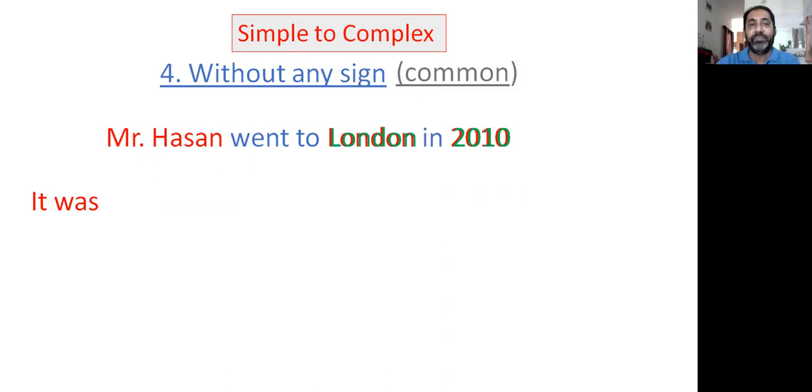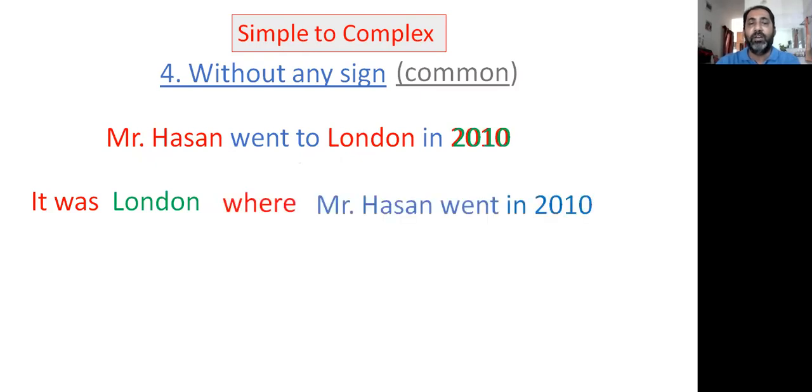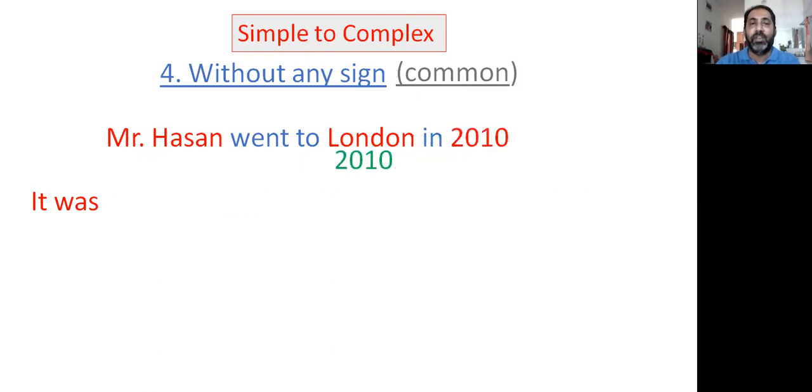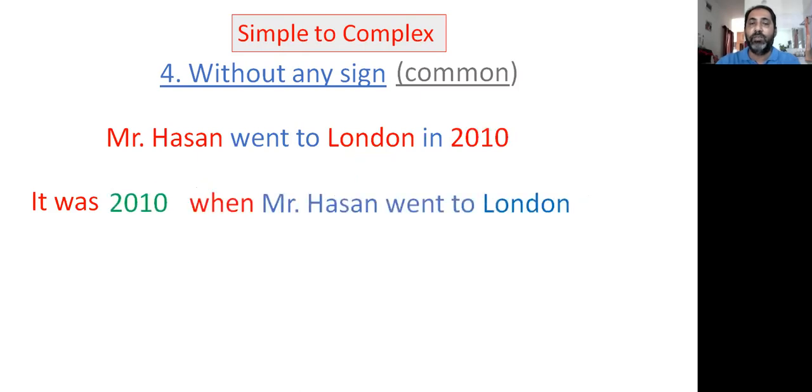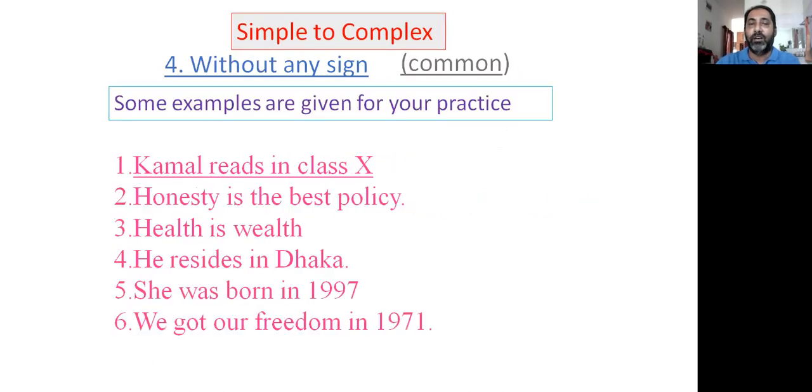Now I am going to use London. It was London. Then a relative pronoun: London is a place, so where Mr. Hassan went in 2010. Now 2010: it was 2010 when Mr. Hassan went to London.